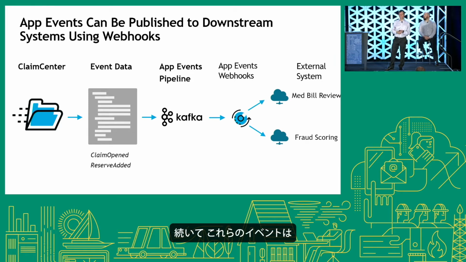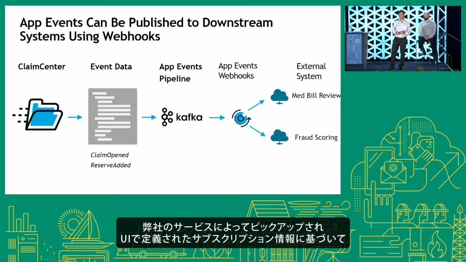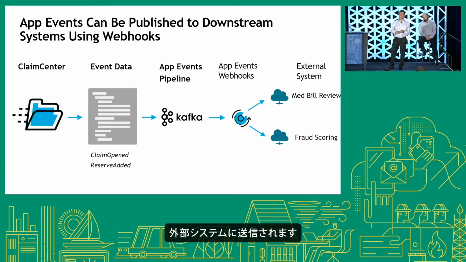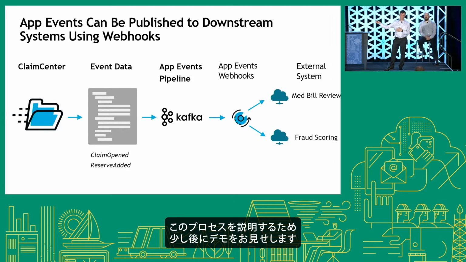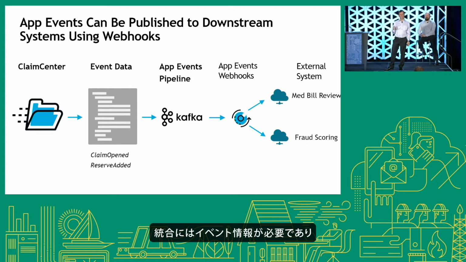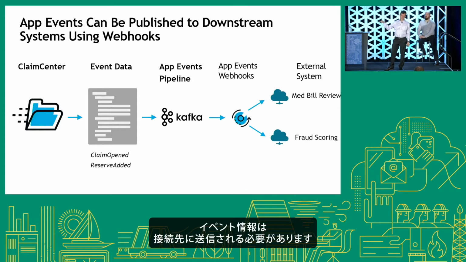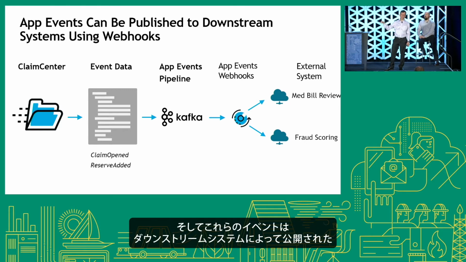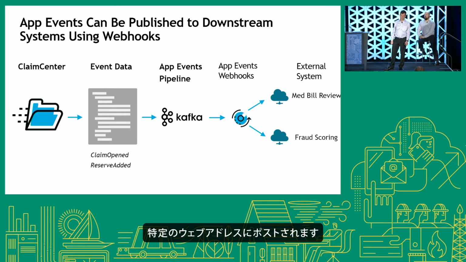Then we have a set of services which pick up these events and deliver them to the external systems using the subscription information which was defined through a UI. You're going to see this in a minute in the demo. The point of a subscription is that it will be defined for each of your integrations, and it says this integration cares about these events, and it wants to send them to this destination, and it's going to post these events to a particular web address that has been exposed by that downstream system.